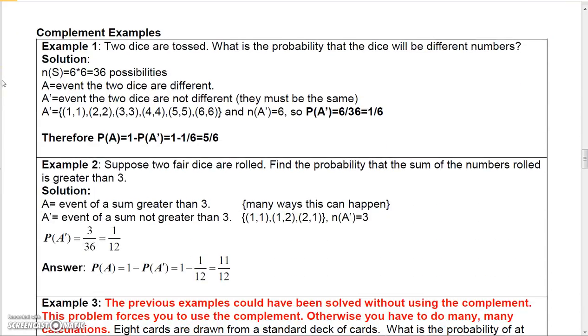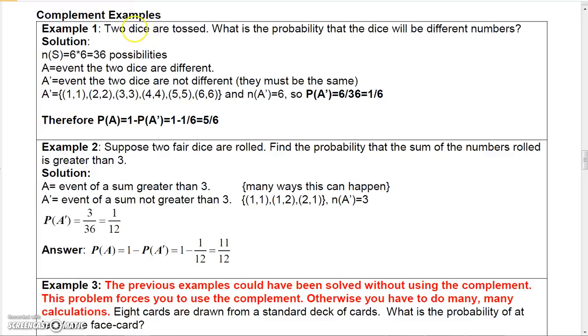Okay, so let's look at an example. Let's say 2 dice are tossed. What is the probability that the dice will be different numbers? Well, we know there's 36 possible rolls. So let's let A be the event that the dice are different. Wouldn't it be easier to figure out A prime, the event that the dice are not different?